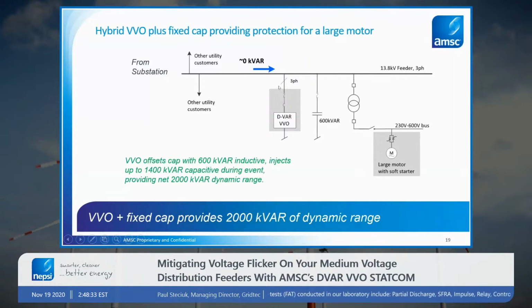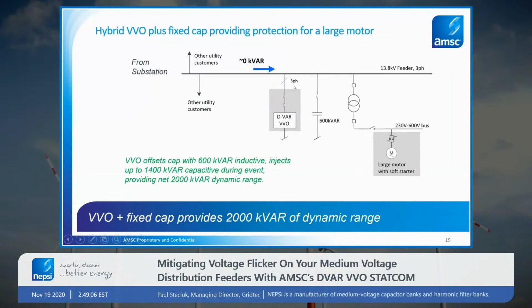During normal operation, when the motor is not starting or running and there's little to no load on the facility, the DVAR VVO would absorb 600 kVAR of inductive reactive current, so that the net VARs to the utility are still around 0. So it's canceling out the fixed capacitance that it's installed with.